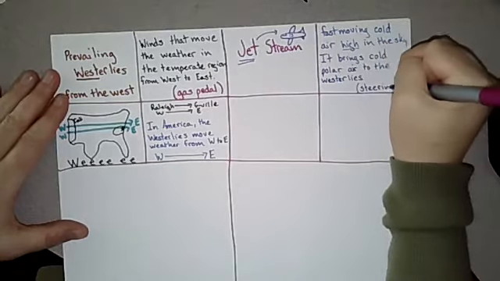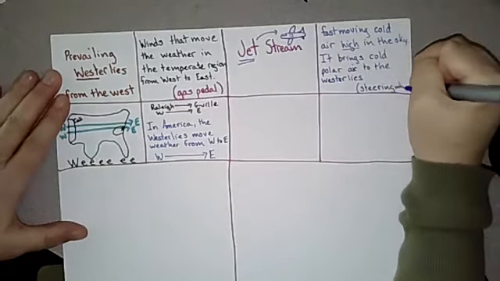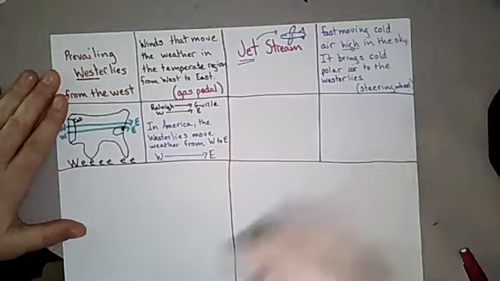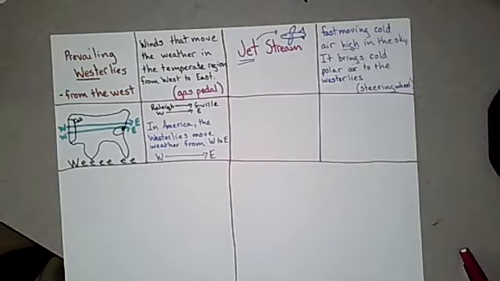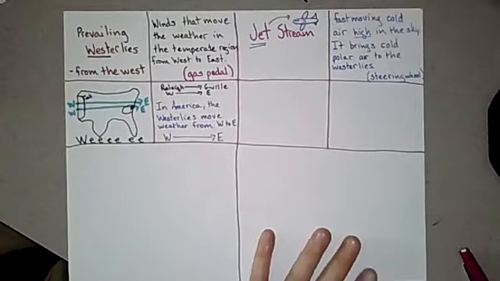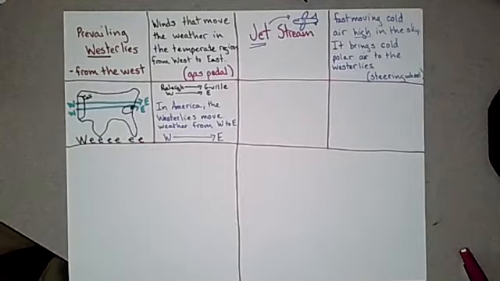I'll explain that in just a second. Just get this down and then I'll explain what that means. It's high up in the sky, like flies like a jet. It's like a river of freezing cold air.